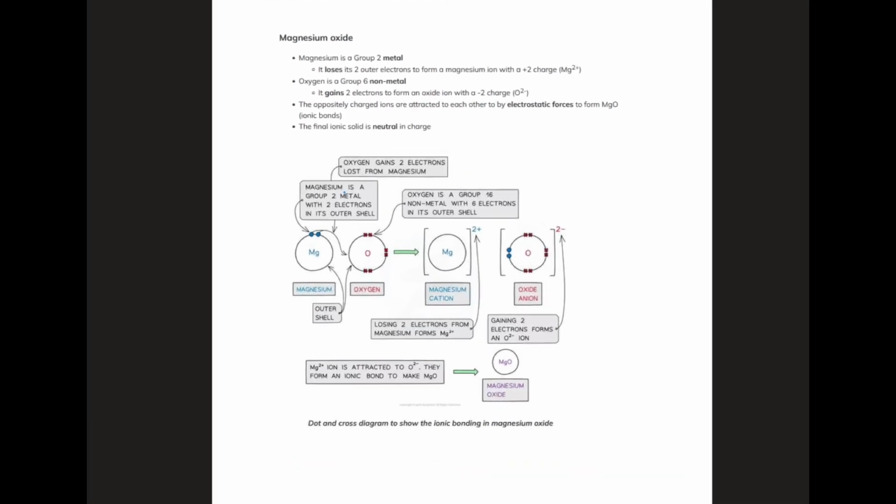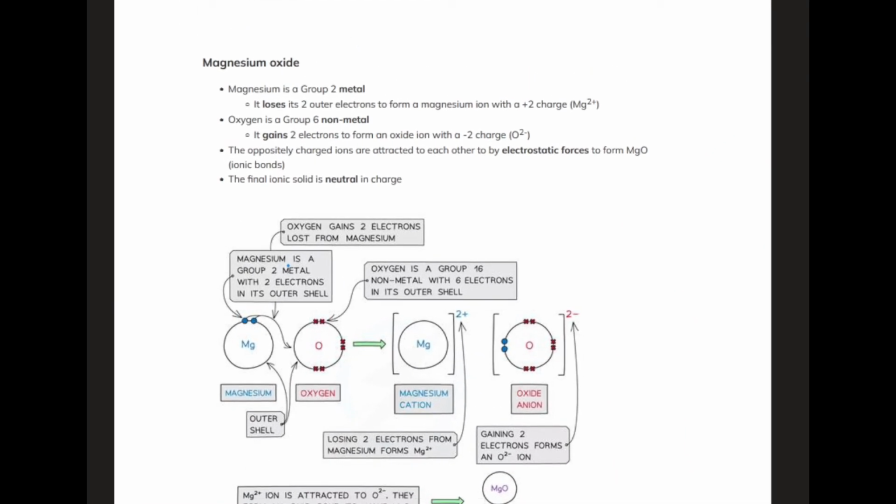So NaCl is formed. Okay, let's see another example. Magnesium oxide. So first we need to know that magnesium is group 2. Group 2, 2 plus. Oxide, group 16. Group 16 is better. So gain 2 electrons, become 2 minus. So 2 plus, 2 minus, just nice.